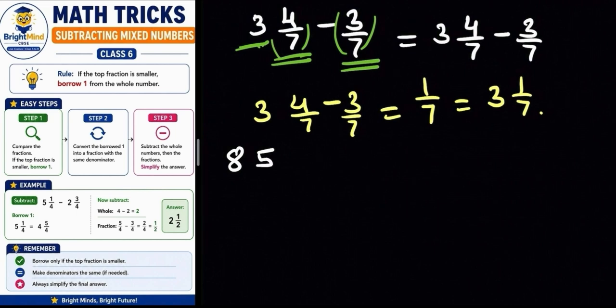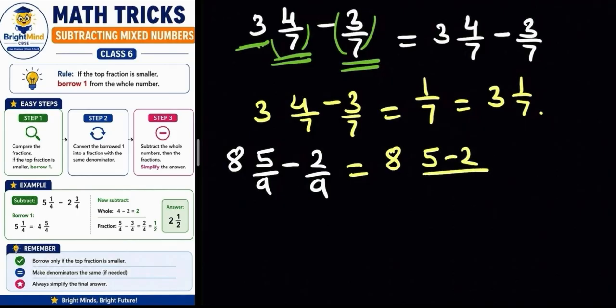Okay, let's take one more example. 8 and 5 by 9 minus 2 by 9. Here we can check the denominators are the same. So we keep the whole number 8 and write the fractions like this: 5 minus 2 comes to 3 by 9.